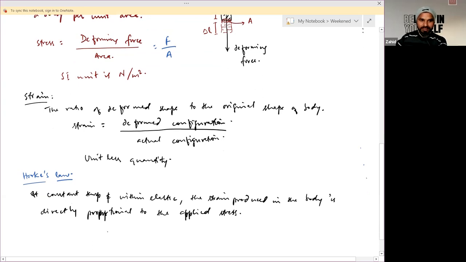So mathematically, we may write it as stress is directly proportional to strain produced.